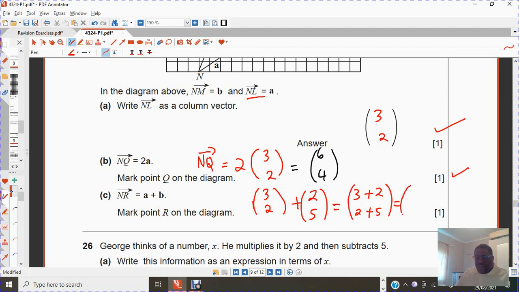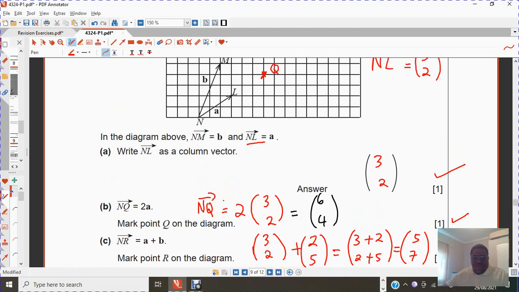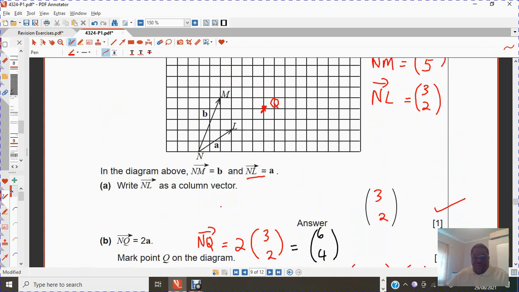The resultant vector is 5, 7. So N to wherever R is will be 5, 7. So I'll go back to my diagram. N to R will be 5, 7. So that's 1, 2, 3, 4, 5, and 1, 2, 3, 4, 5, 6, 7. It will be all the way up there. And that's where my R will be.